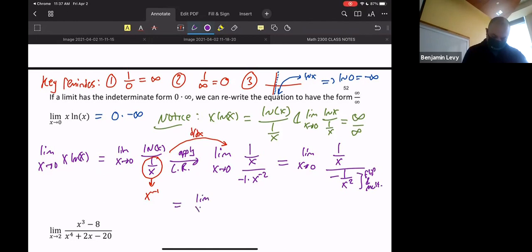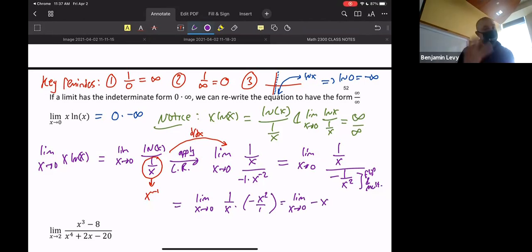So we'll have the limit as x goes to 0, 1 over x times minus x squared over 1, which just becomes minus x. Right, the x in the bottom canceled with one of the x's on the top. And you can plug a 0 in there and just get 0. And that's the answer.